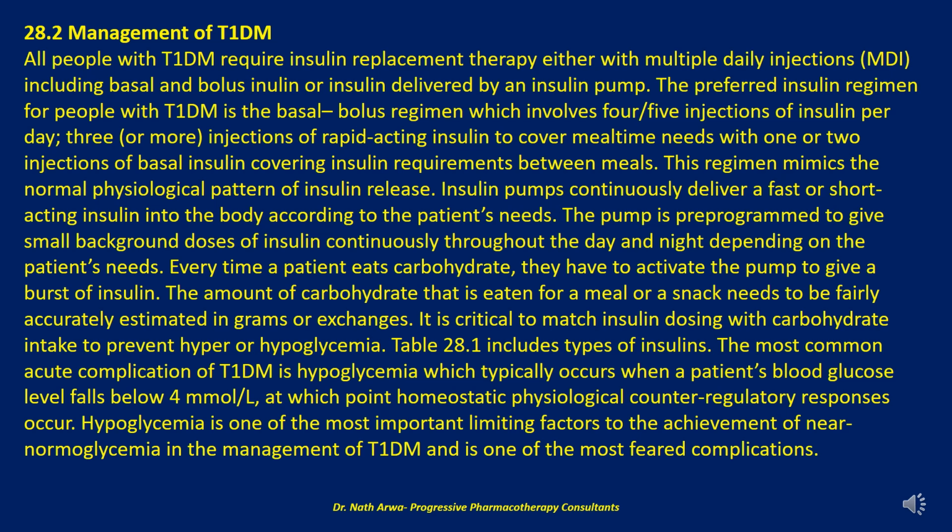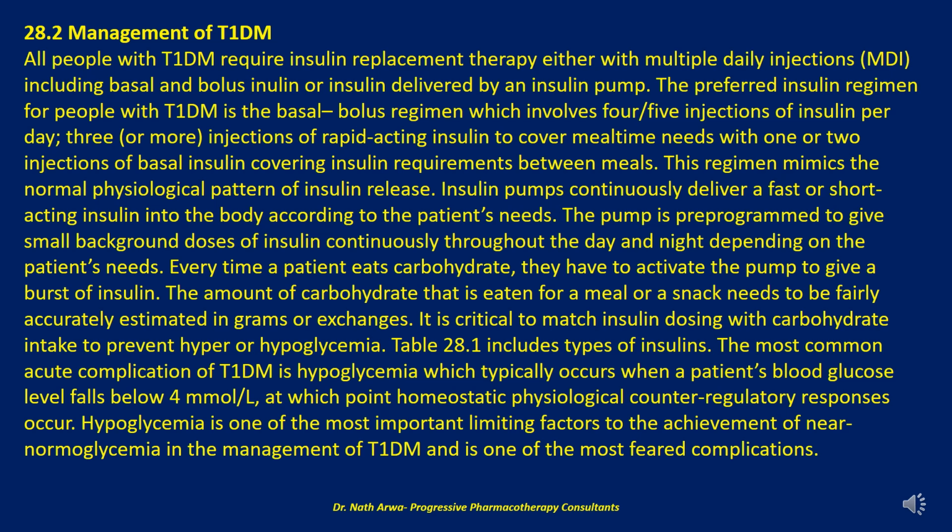All people with type 1 diabetes mellitus require insulin replacement therapy either with multiple daily injections, abbreviated as MDI, including basal and bolus insulin, or insulin delivered by an insulin pump.